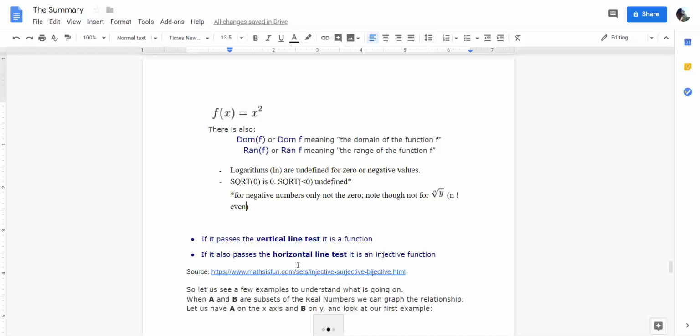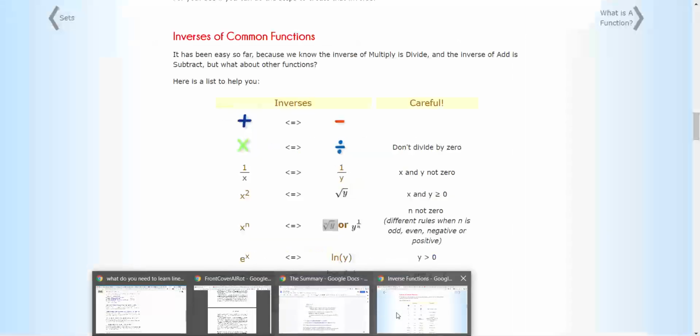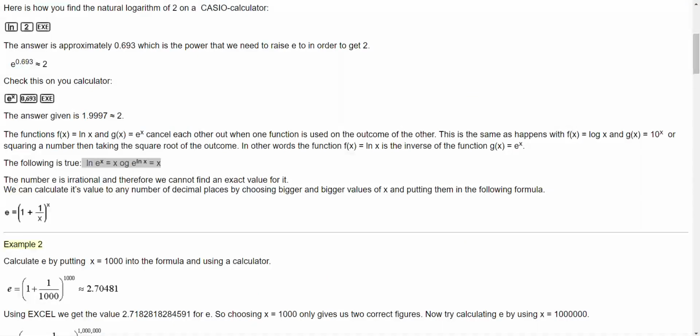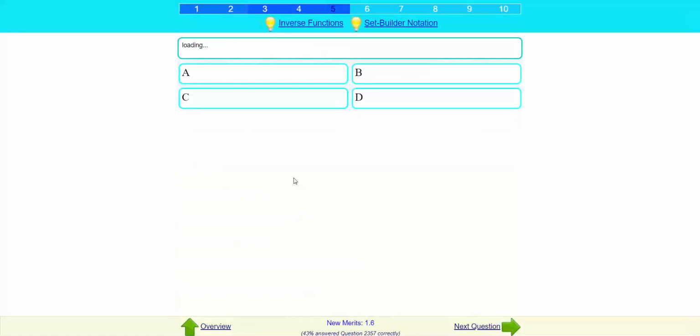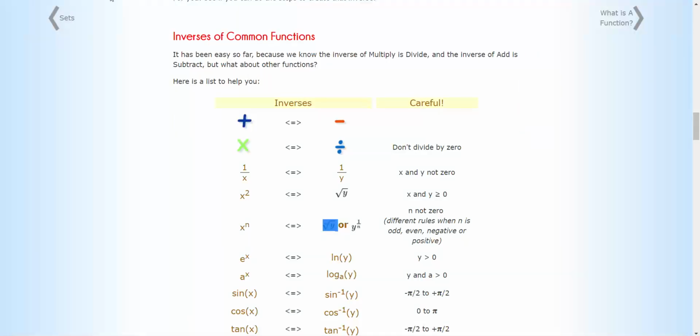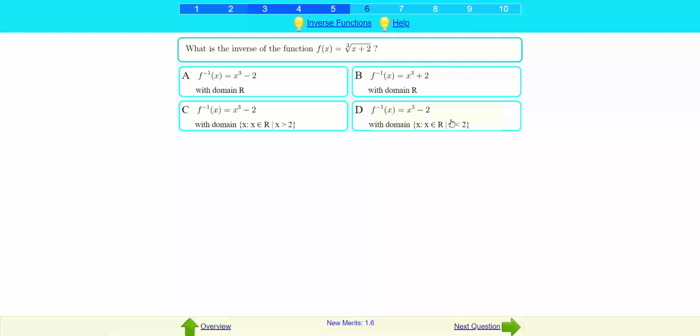Let's try to solve for square roots. What is the inverse of the function? So we know from the list of functions that going back leads you to x to the power of n, n being the number on the root.